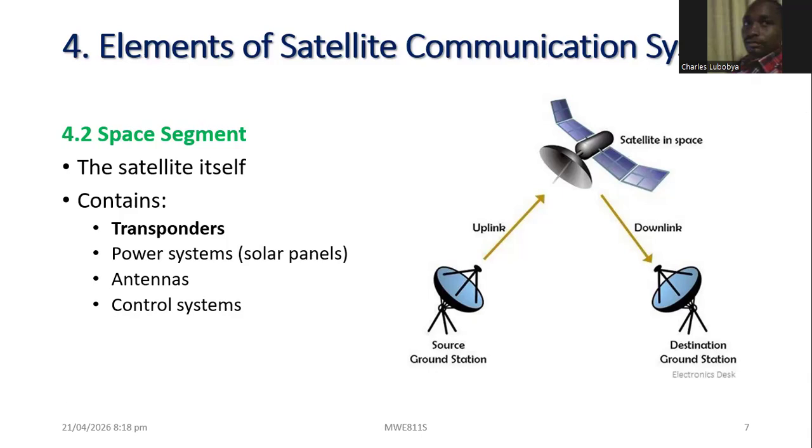And then you've also got the various controls that are used to ensure that the signal is sent to the correct destination once it is received from another ground station. So that's a transponder. I'll talk about it in detail shortly.